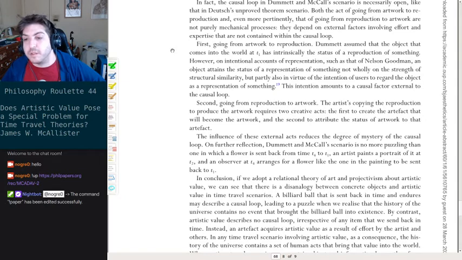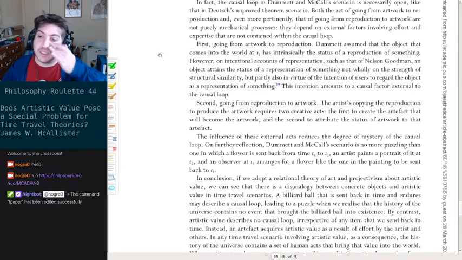First, going from artwork to reproduction. Dummett assumes that the object that comes into the world at T1 has intrinsically the status of a reproduction of something. However, on intentional accounts of representation, such as that of Nelson Goodman, an object attains the status of a representation of something not wholly on the strength of structural similarity, but partly also in virtue of the intention of the users regarding the object as a representation of something.